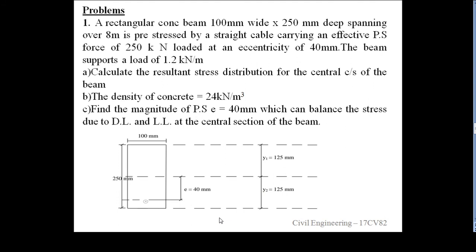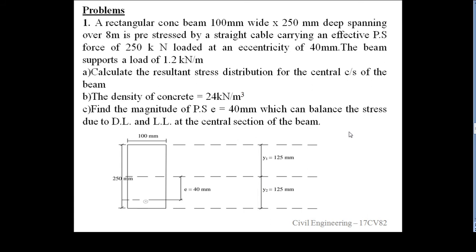Here, for the given data we draw the diagram of the cross section of the beam. What is given here? 100 mm wide, so we draw 100 mm horizontally. 250 mm deep, a rectangular section will be shown here. The span is 8 meter.